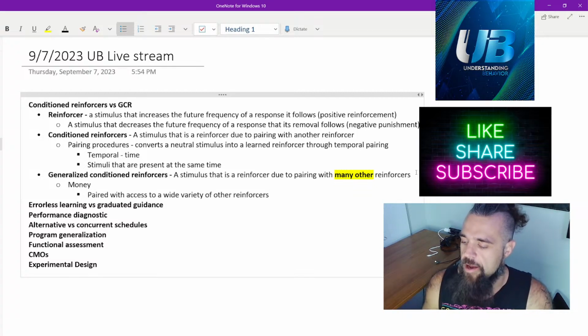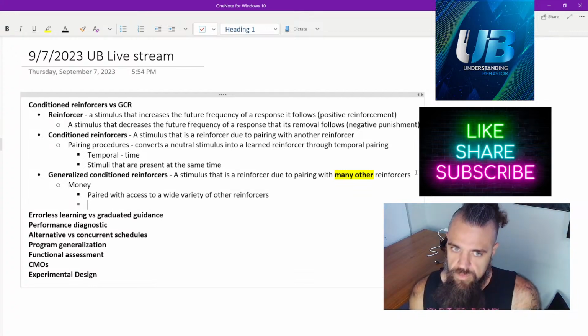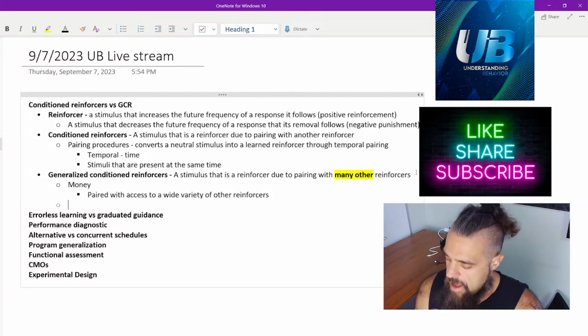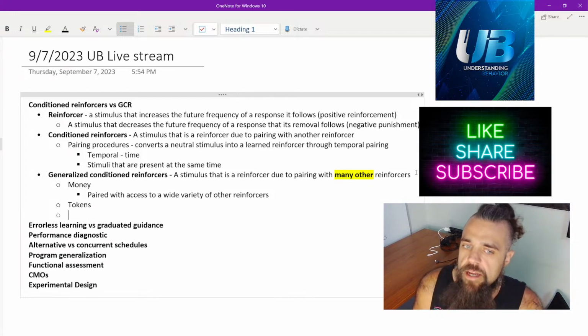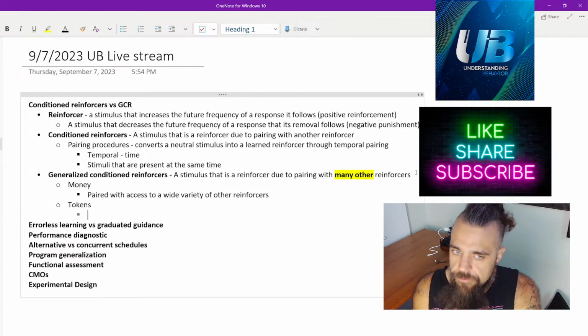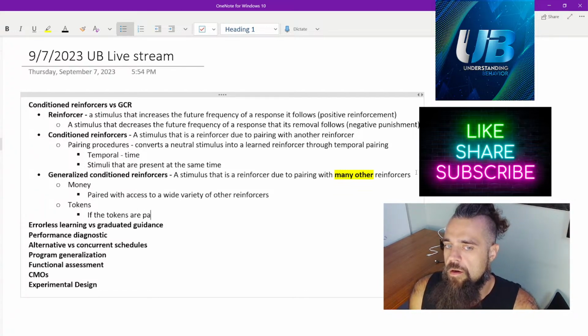This is a coupon that can be redeemed for anything. So money is a great example of that. Also, when we have our true token economy, our tokens can be generalized conditioned reinforcers as well. So if the tokens are paired with more than one reinforcer.